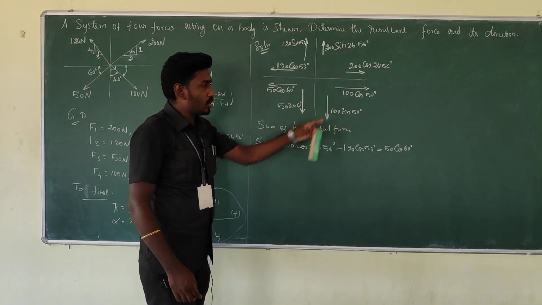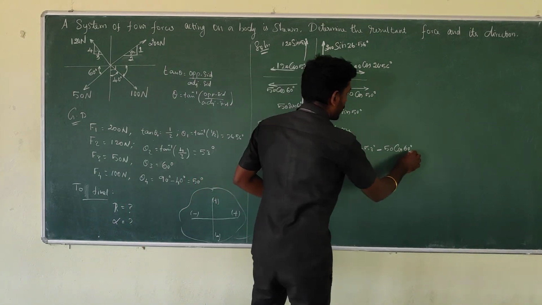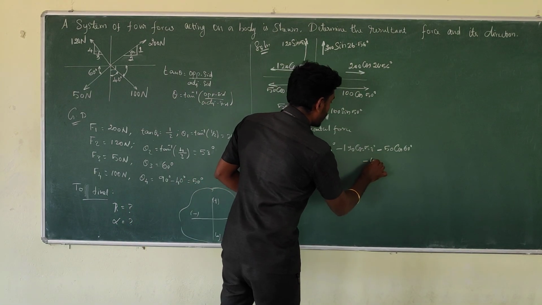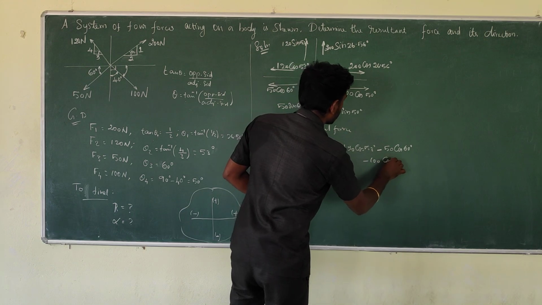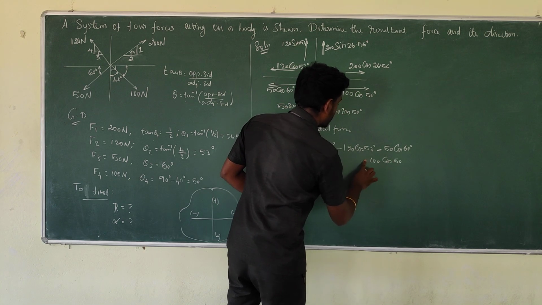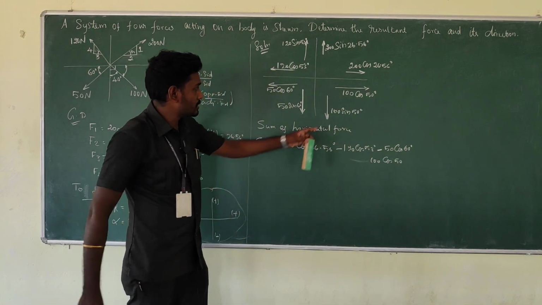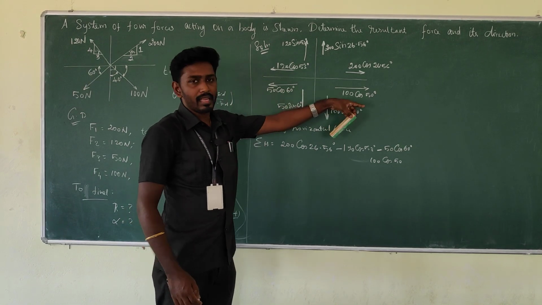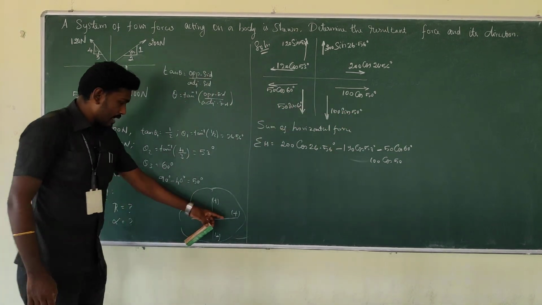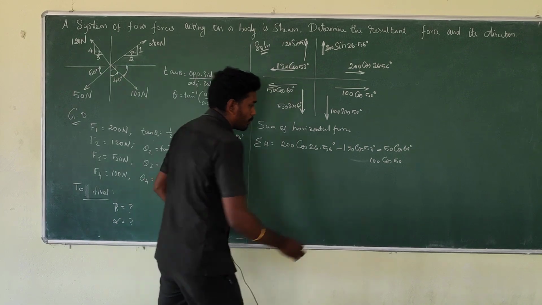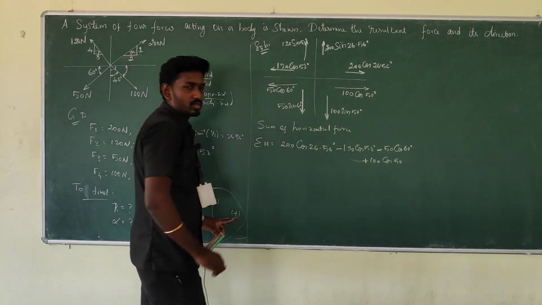And then horizontal force is 100 cos 50 degree. What is the sign for this? It is directed to the right, so it carries positive sign.